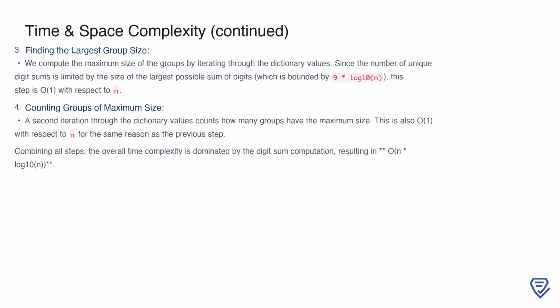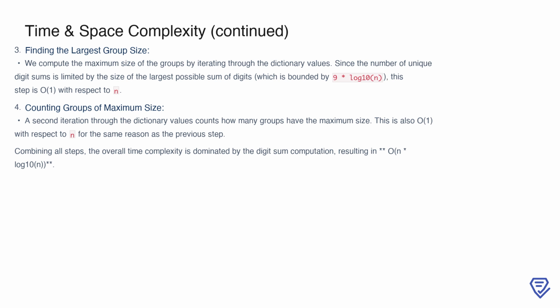Now, let's look at how we find the largest group size. We iterate through the dictionary values to determine the maximum size of any group. The maximum number of unique digit sums in our dictionary is limited by the largest possible sum of digits, which is bounded by 9 times log10 n. Because this number of unique digit sums is very small compared to n, the step is effectively constant time, or O(1), with respect to n.